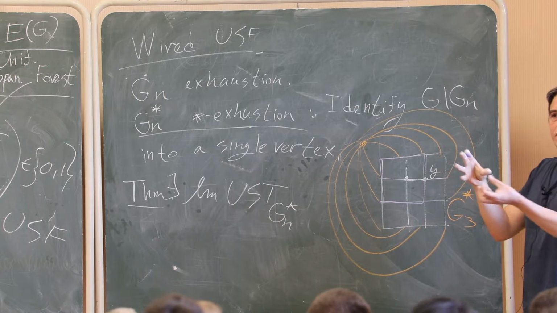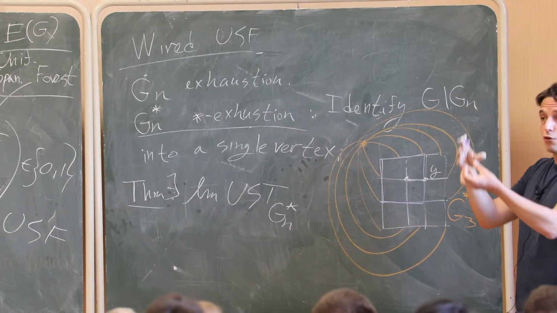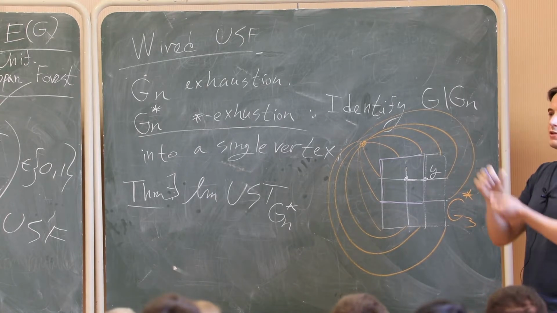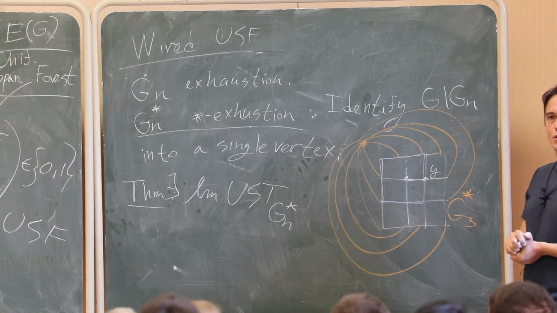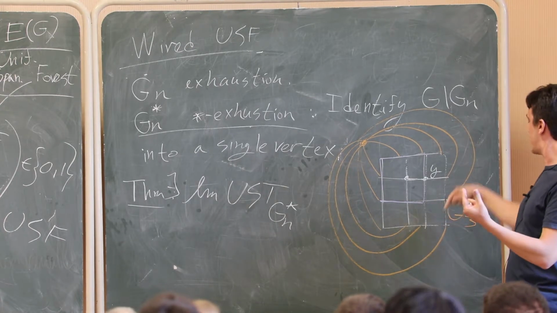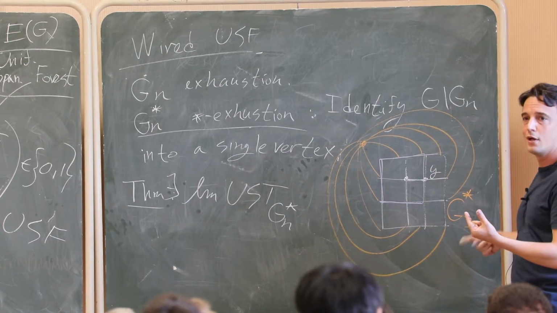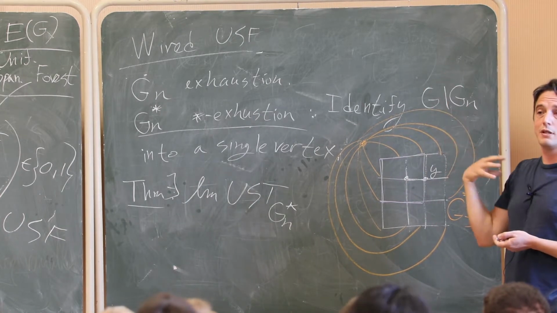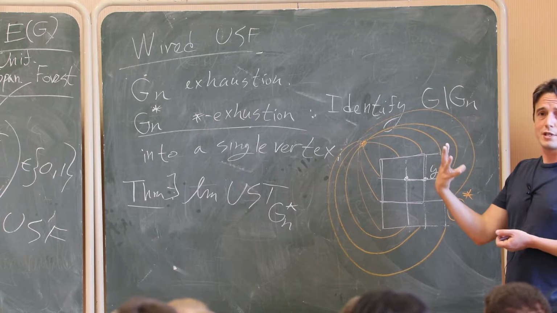When I'm gluing vertices, I only decrease the effective resistance between any two vertices in the graph. So I decrease the resistance when I'm going from G3 to G2.